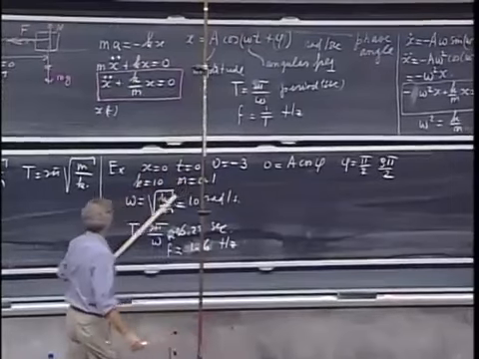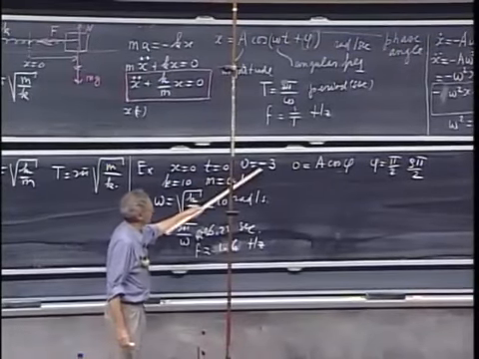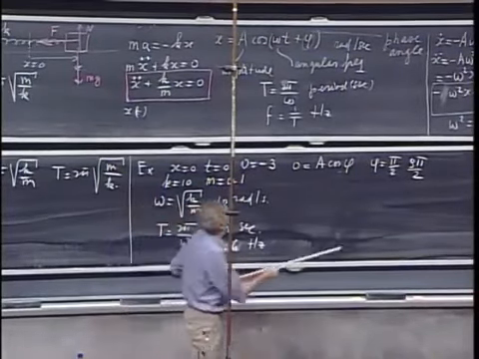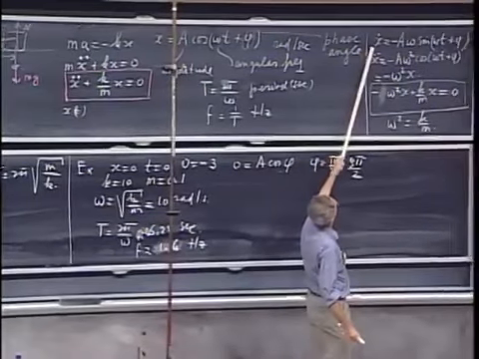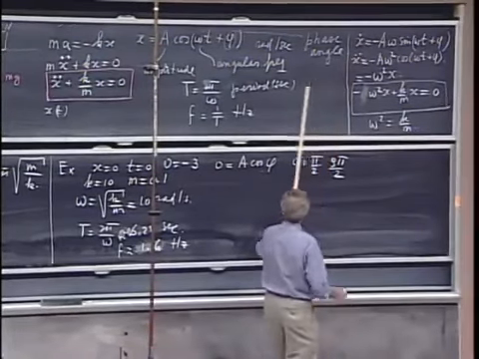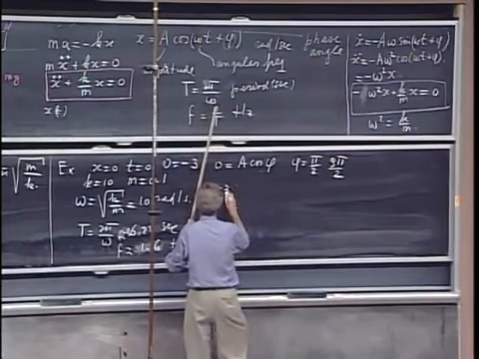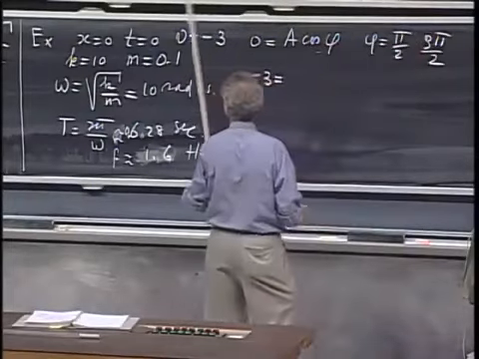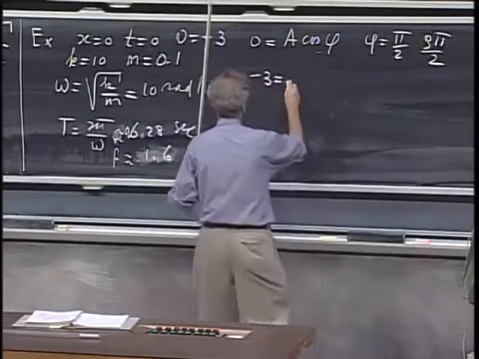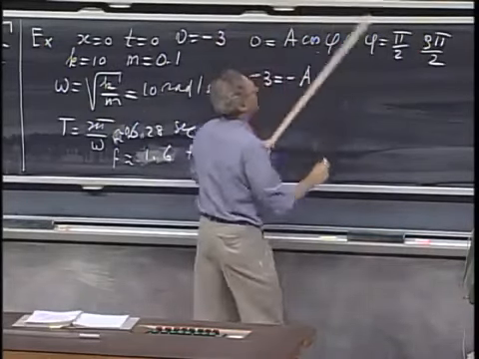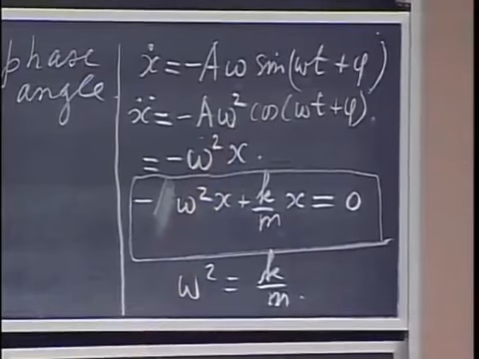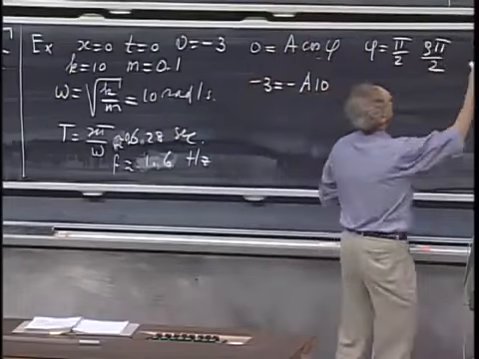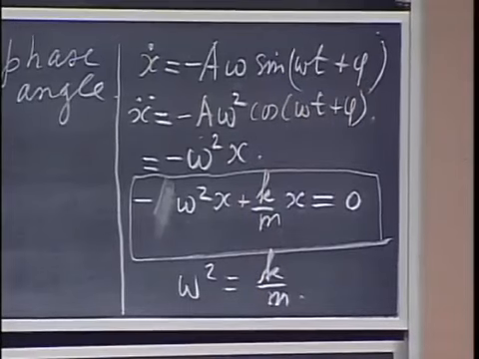Now I go to my next initial condition, that the velocity is minus 3. Here you see the equation for the velocity. This is minus 3 at t equals 0. So minus 3 equals minus A, and A we don't know yet, times omega squared, which is 10, and t is 0, I get the sine of phi.